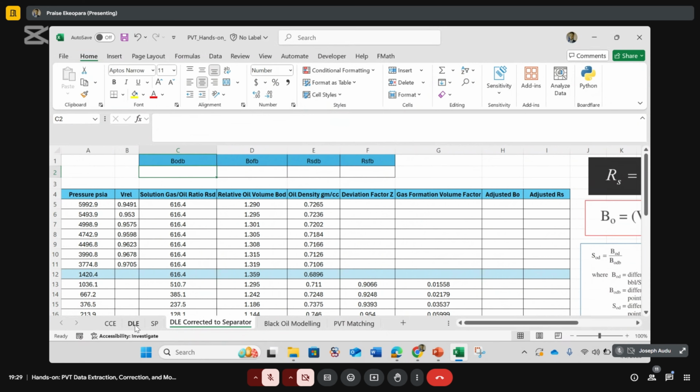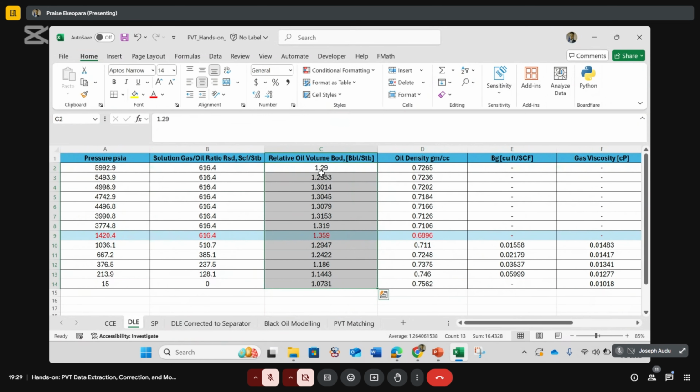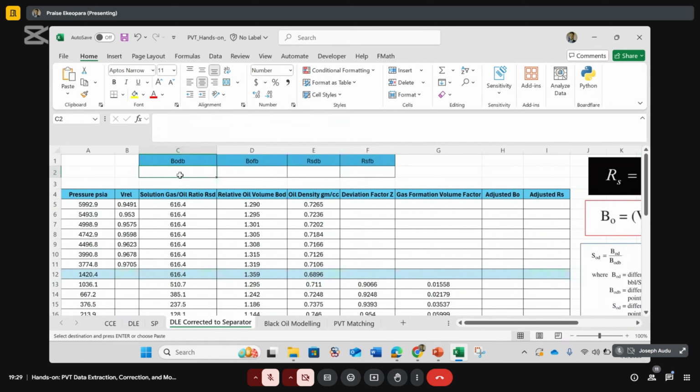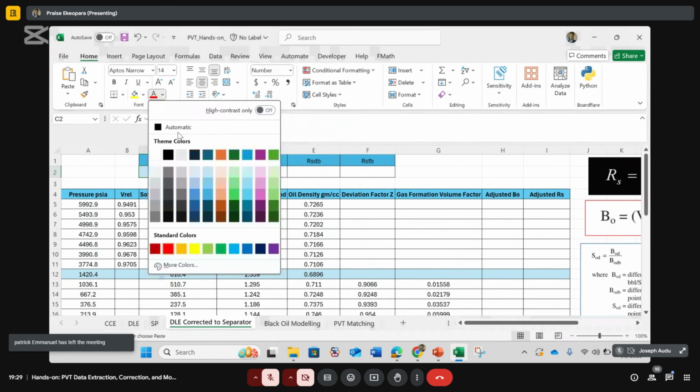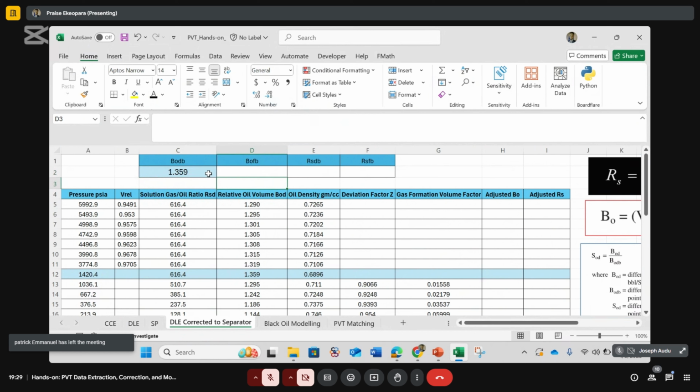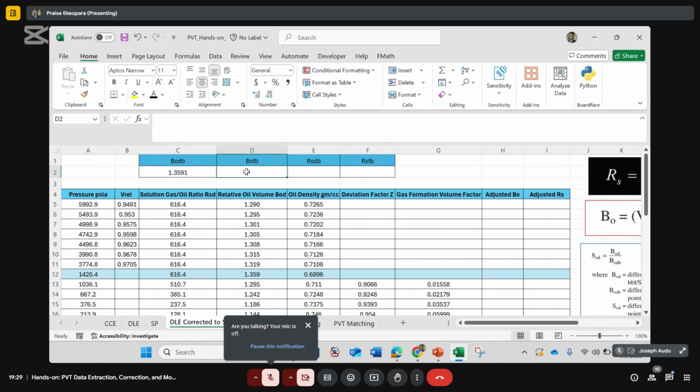So we just come over here and look for this is our BOD. So this information now, we just copy it. It's going to be our BOD, right? Let me just change the column to this. So after copying out that one, then we have our BOFB.